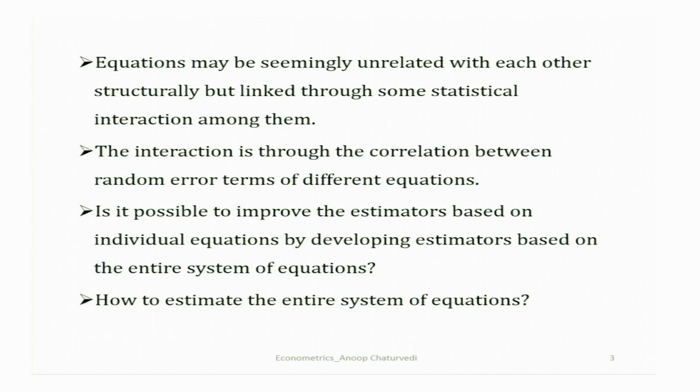It may happen that if you omit some relevant variables from each of these equations, then the disturbance terms corresponding to different firms may be correlated with each other. So, there might be some kind of statistical interaction between different equations, and the interaction is through the correlation between random error terms of different equations.